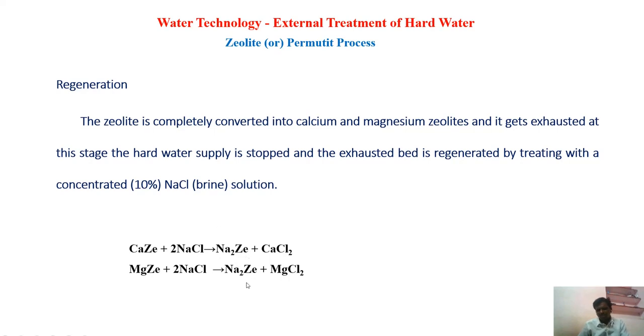That means sodium aluminosilicate will be formed again. The 10% sodium chloride solution used to wash this bed is called brine. That means 10 grams in 100 ml of water is called a 10% sodium chloride brine solution.